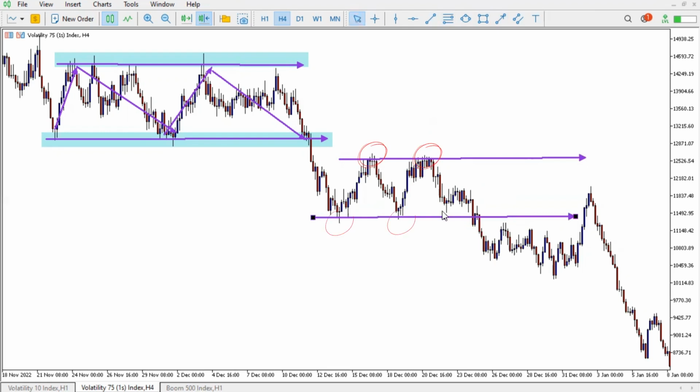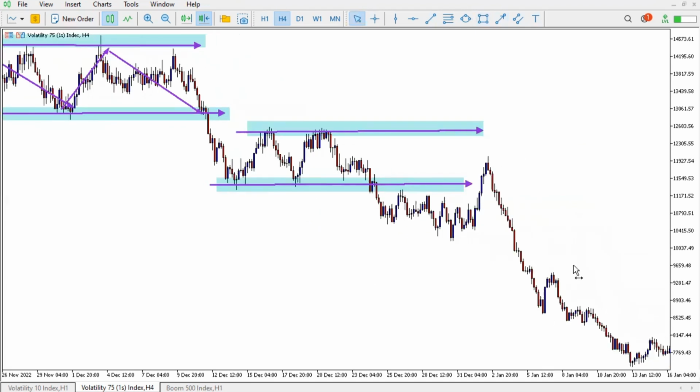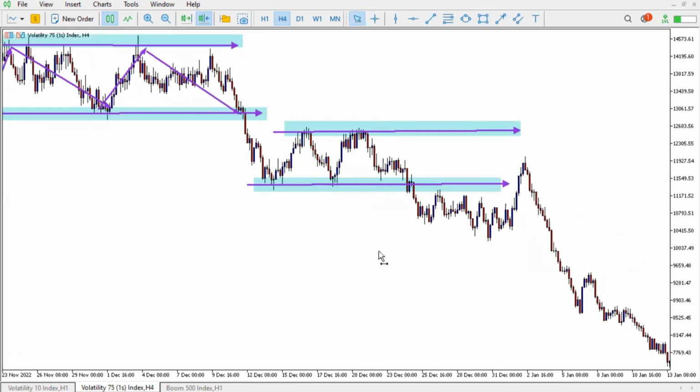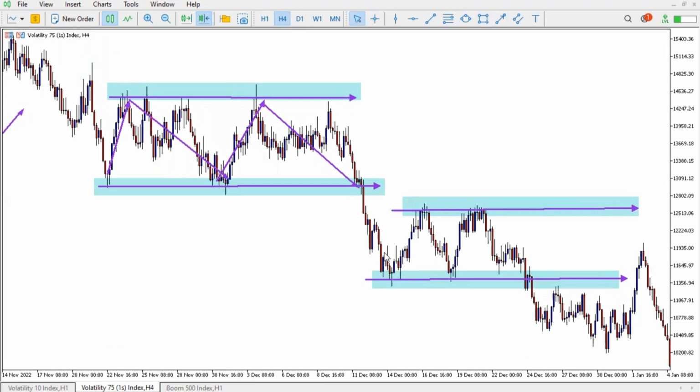So there is a zone here, and there is a zone here. So this is also another ranging market. Immediately the market broke it, it went down. So that is how the trend moves. If I get you well, you understand this.